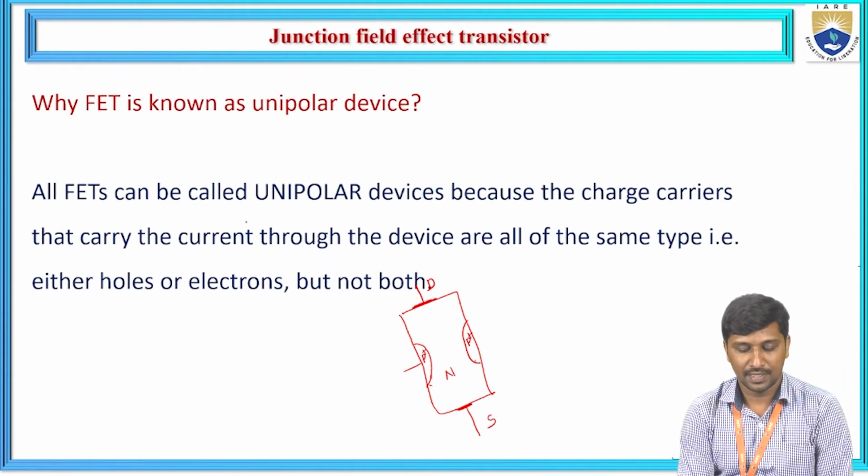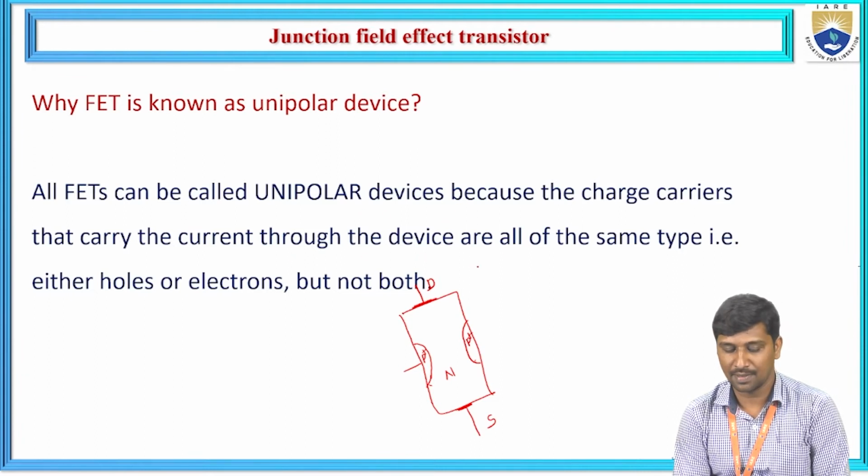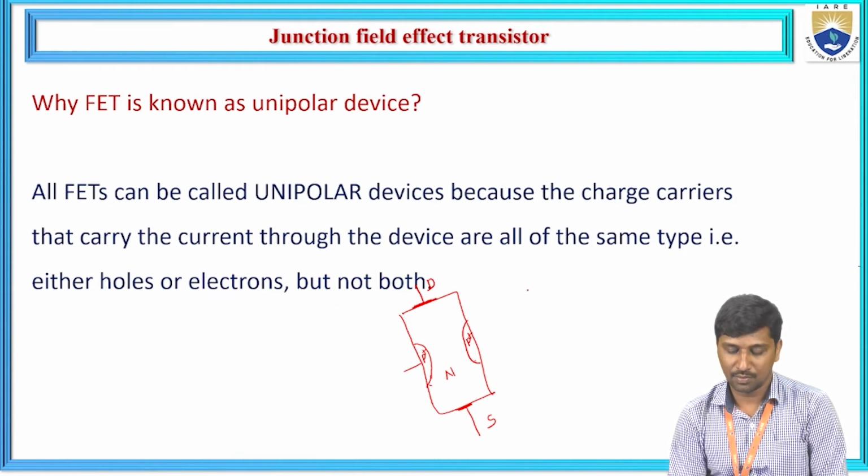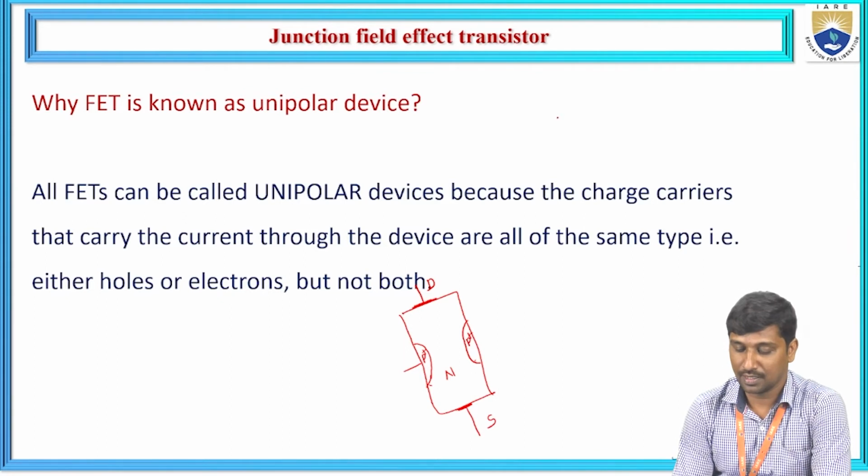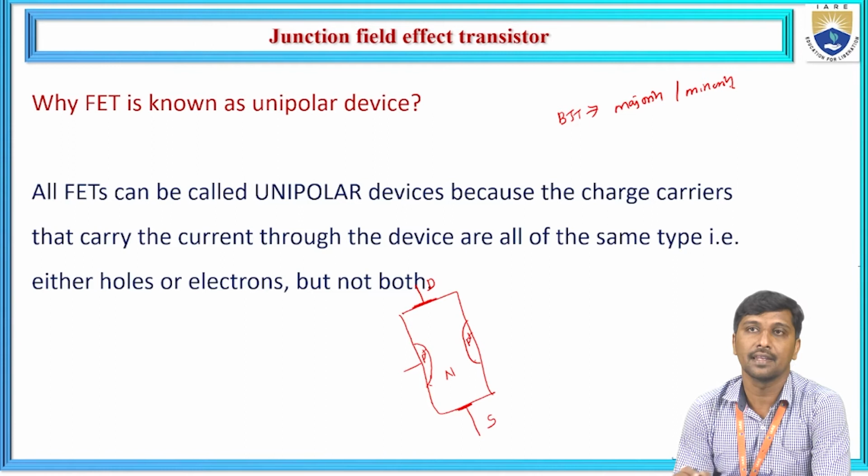The FET is called a unipolar device because the charge carriers that carry current through the device at the same time are either holes or electrons, but not both. In the bipolar junction transistor, the conduction depends upon majority charge carriers as well as minority charge carriers.